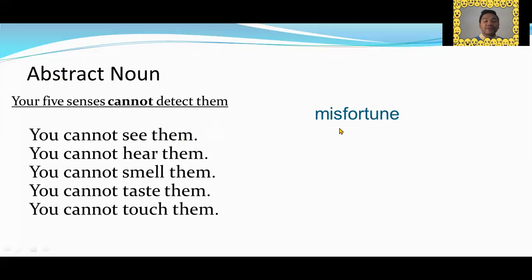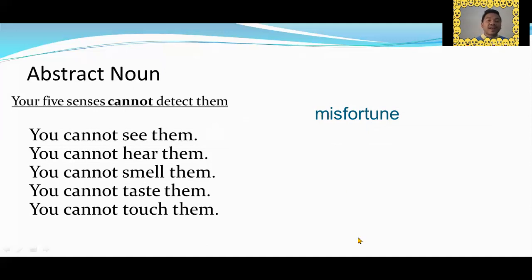For example, you failed in the exam, and you could say, oh, what a misfortune. So this is something not good happening to you. This is an example of abstract noun. Why? You cannot see, you cannot hear, you cannot smell misfortune, you cannot taste misfortune, not even touching it. So this is one of the examples of abstract noun.